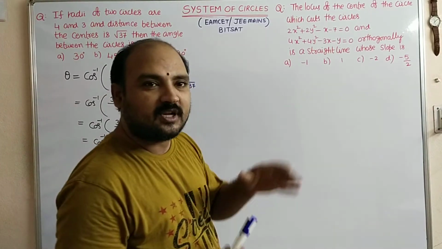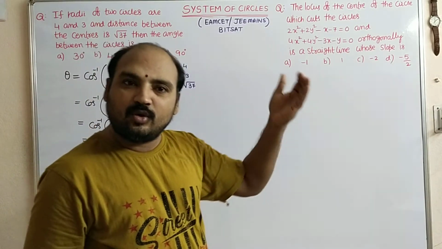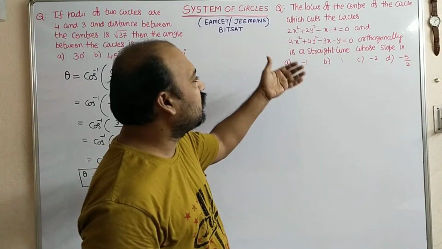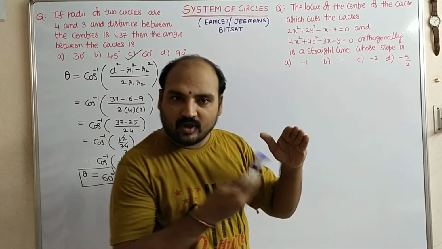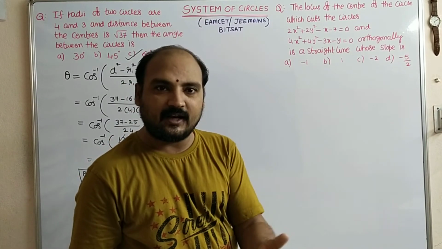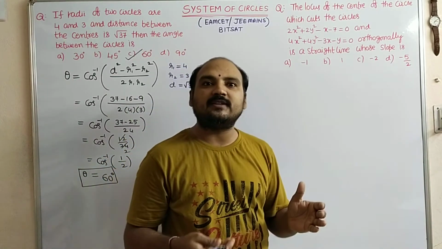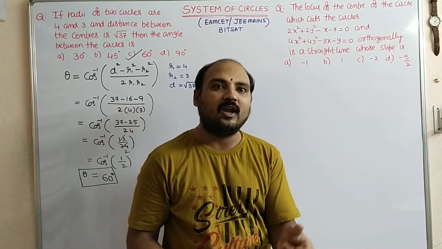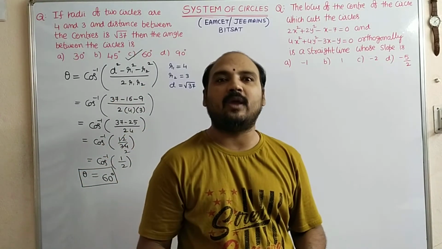But by observing the given circles, which are not in the general form, first you have to write them in the general form and then subtract one equation from the other equation, you will get the straight line. Whatever we are going to calculate is the radical axis, no? That means the common chord is the radical axis, which is also equal to this straight line. Anyway, it is in the form of ax plus by plus c equal to 0. So for that line, what is the slope? Minus x coefficient by y coefficient. That is minus a by b.